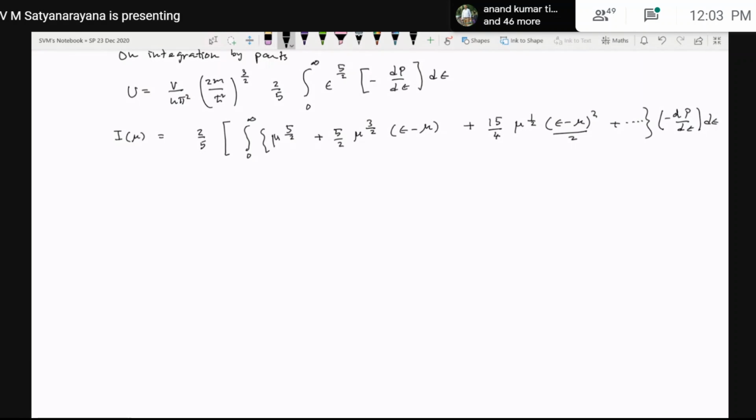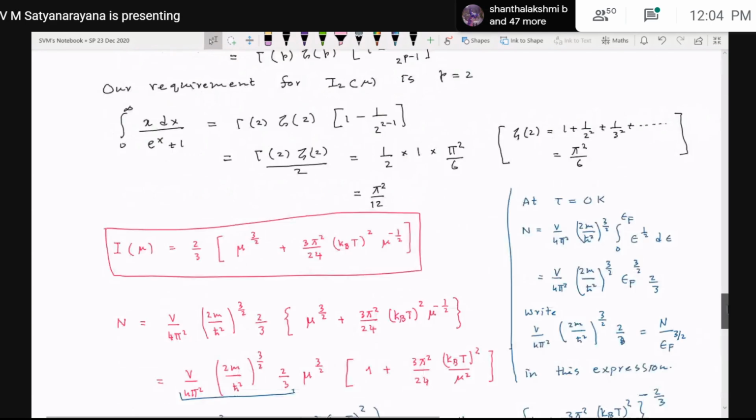So I can write this I of mu to be 2 by 5 into mu to the power 5 by 2 plus 15 by 4 mu to the power half into kbT the square divided by 2 into whatever is the expression that I have here.